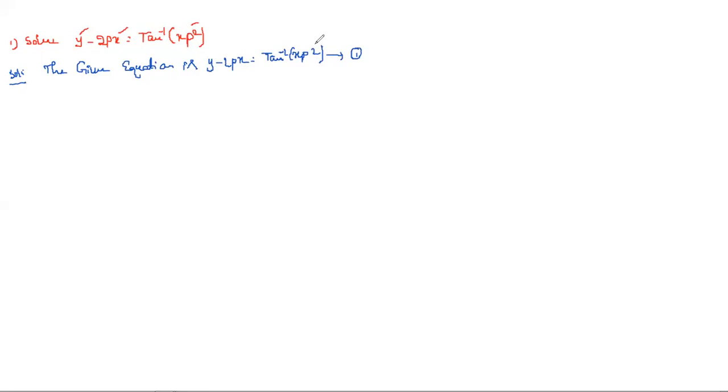We keep y on the left side and take all the remaining terms to the right hand side. So y is equal to, taking the minus 2px term to the right hand side, it changes to plus: 2px plus tan inverse of xp square. So y is equal to 2px plus tan inverse of xp square. This is equation 1 we have chosen.